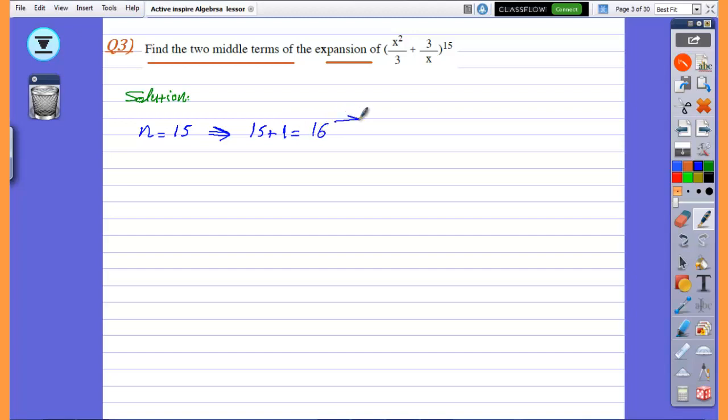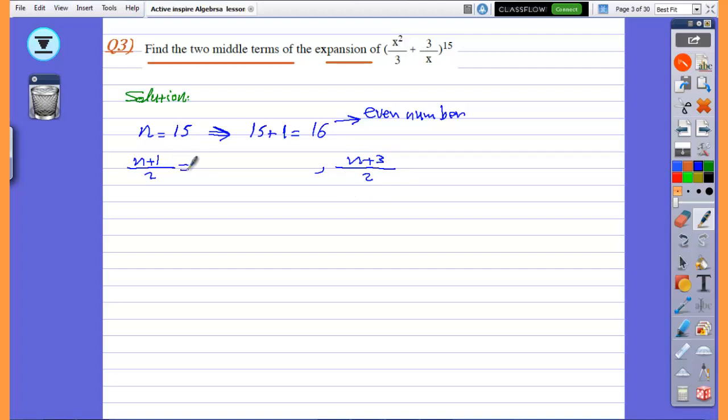Here the number of terms is an even number, so we have two middle terms, and the order of the first middle term is n plus 1 over 2, and the order of the second middle term is n plus 3 over 2.